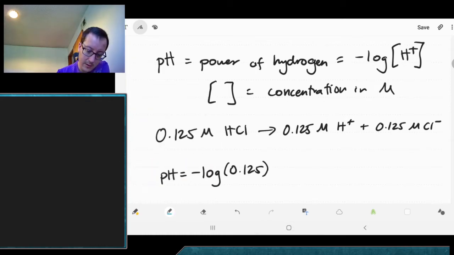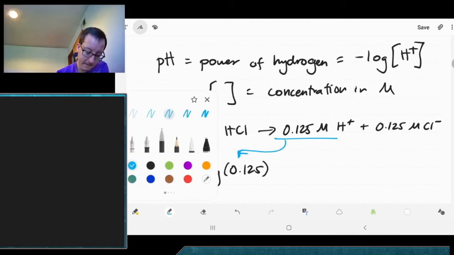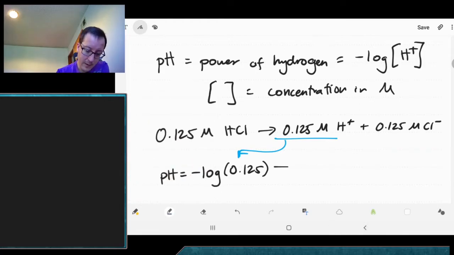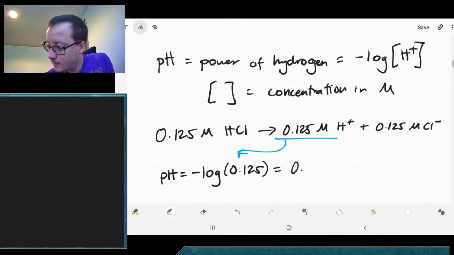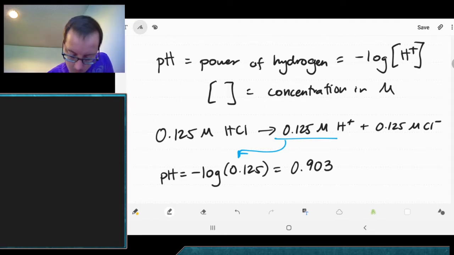That's this value here that we're plugging in. We use the negative log because often we're going to have negative exponents, so we just like everything to be positive, so that's why we do that. So negative log 0.125, and we get 0.903. And that number has 3 sig figs, so we're good. No units for pH. Once you do a logarithm, your units go out the window, so there are no units here.